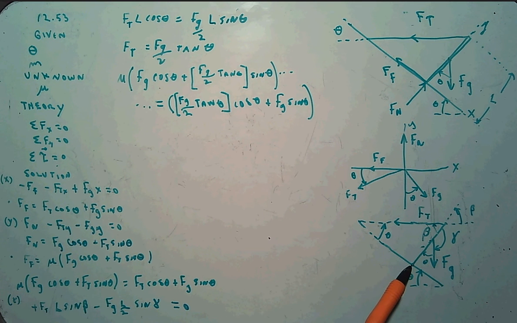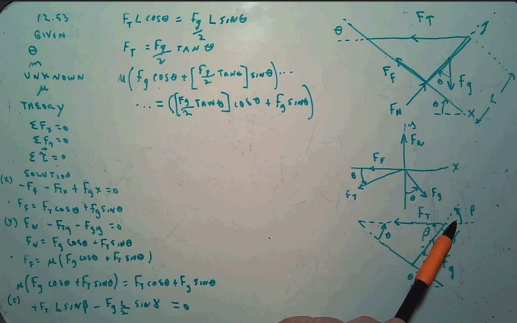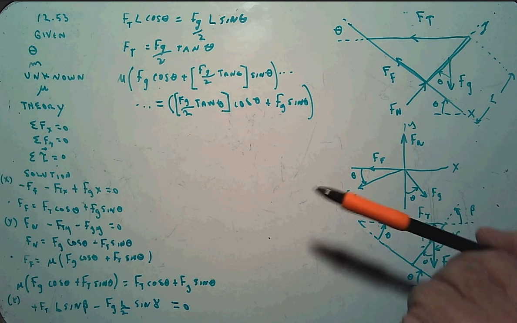That would be L crossed into Ft. Here's the angle here. So it'd be Ft times L times the sine of this angle, but the sine of this angle is sine beta because they're supplemental angles. So I'm going to put FtL sine beta for the torque produced by Ft, and that's a positive torque. It comes out of the board because we rotate L into Ft.